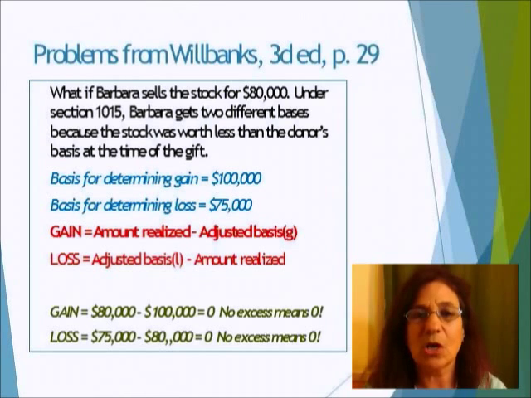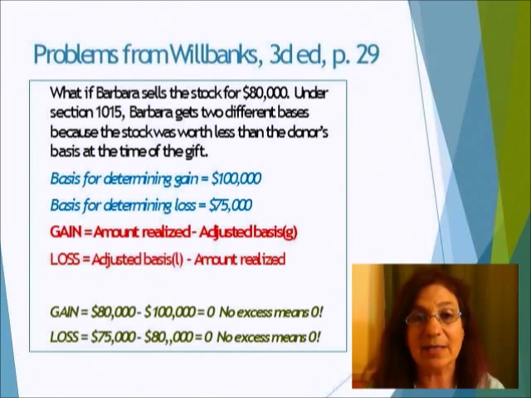Okay, go on to the loss formula. Loss formula: adjusted basis for loss minus amount realized, or in other words, the excess of adjusted basis for loss over amount realized. So 75,000 minus 80,000. Oops, that would be a negative number too. Can't have negative numbers.